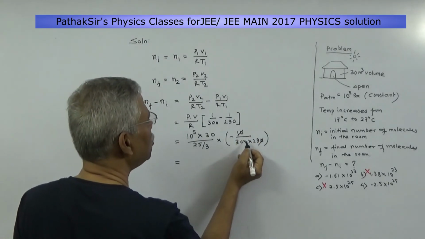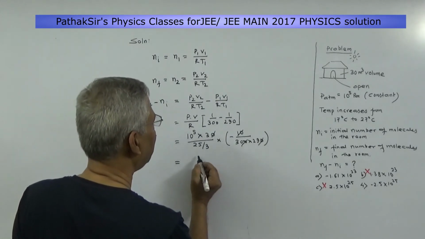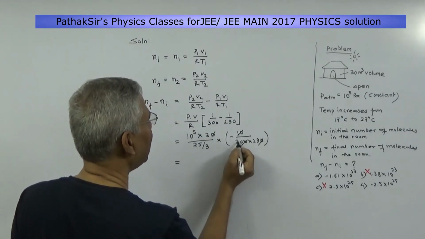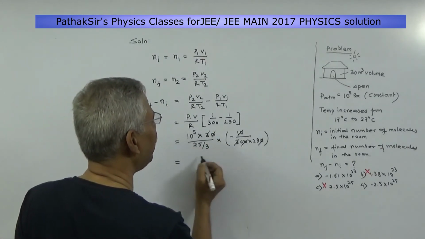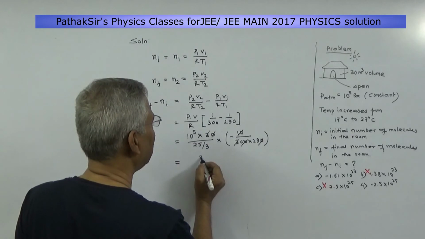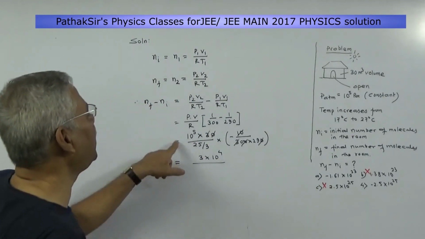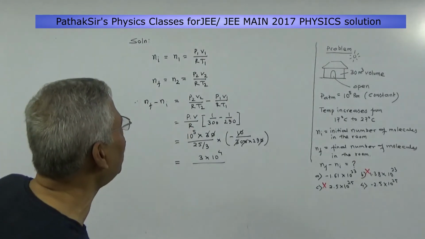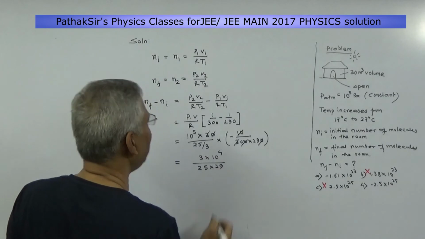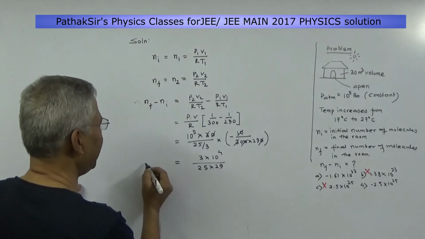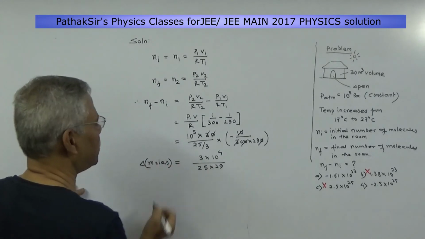So 3 is a 1, 3 will cancel, and 10 to the power 4. 3 into 10 to the power 3 into 10 to the power 4 by 25 into 29. This is moles, the difference in moles.